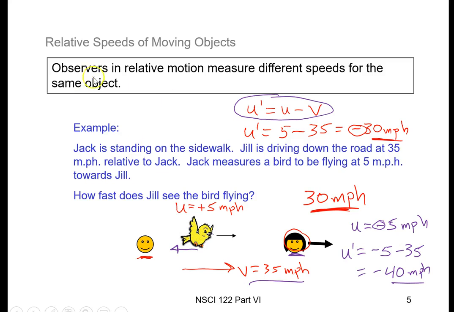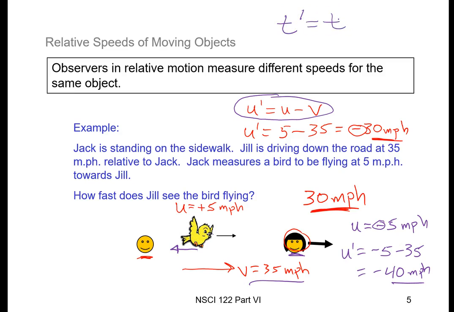So I just want to establish that observers in relative motion will definitely measure different speeds for the same object. We're not going to worry about all the other quantities, how they compare. I'll just tell you that Newtonian relativity has equations for position, acceleration, force, energy. Another thing I do want to establish about Newtonian relativity, the relativity theory that we are used to, is that time is what we call universal.